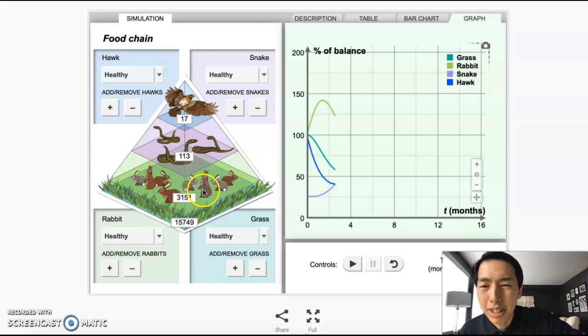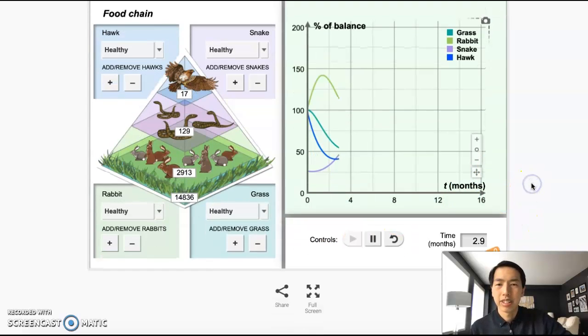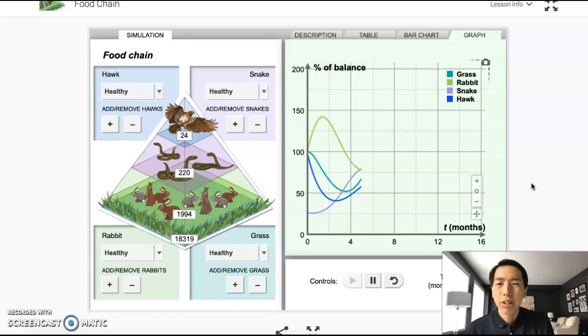There's more rabbits eating more grass, so the grass population will probably go down. And the graph shows it goes down. However, if I keep letting it play, you'll see that over time, the ecosystem recovers and goes back to equilibrium.